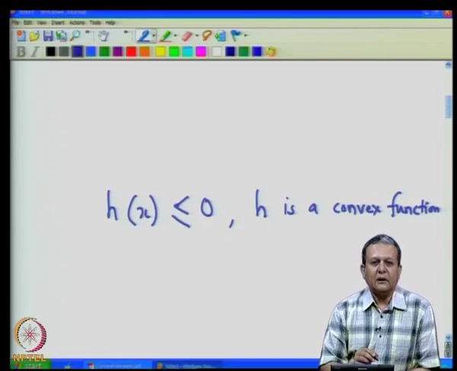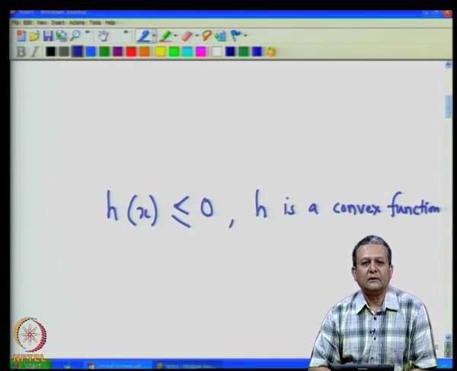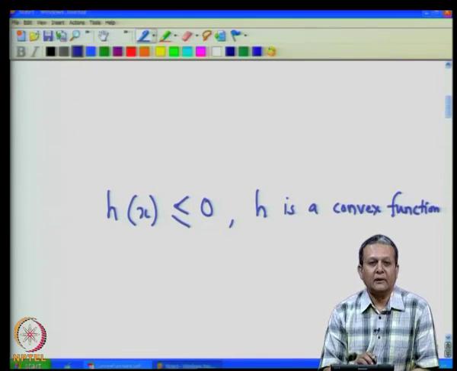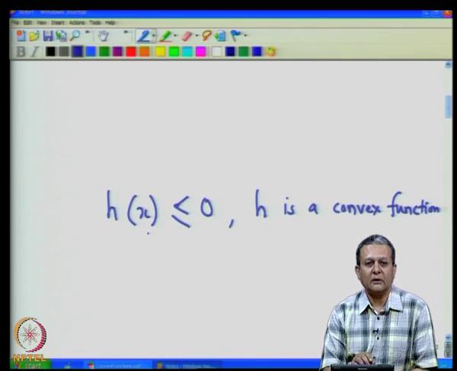Now, if you consider the set of all points x in the domain of h such that h(x) is less than or equal to 0, then by the definition of level set and the properties of convex functions, this set is a convex set if h is a convex function.